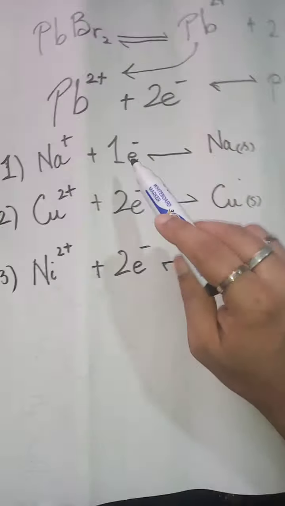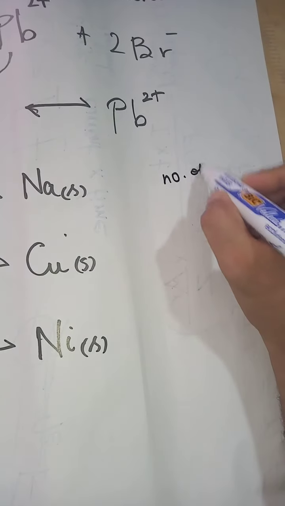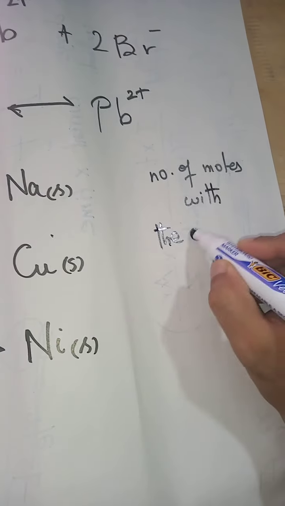Now you can see the relationship of the number of moles with the oxidation number.